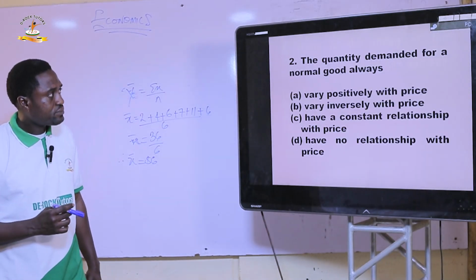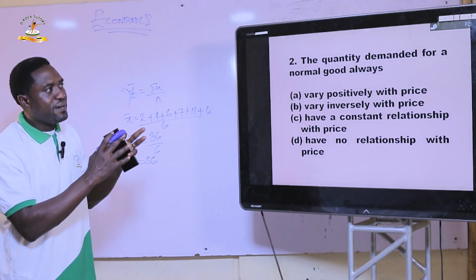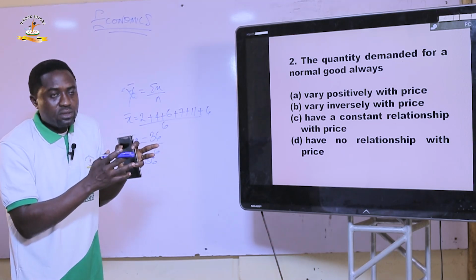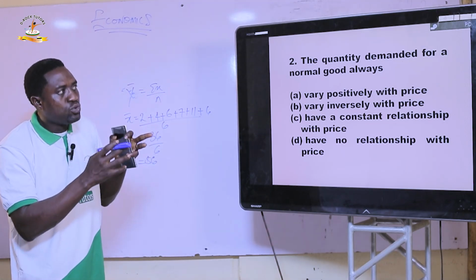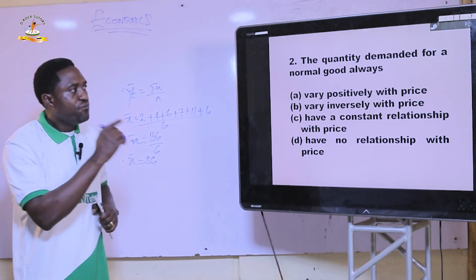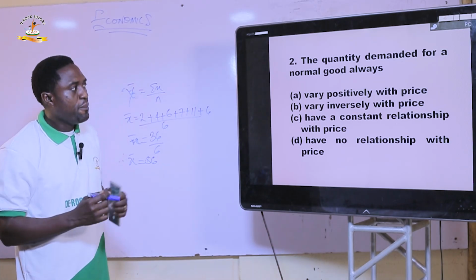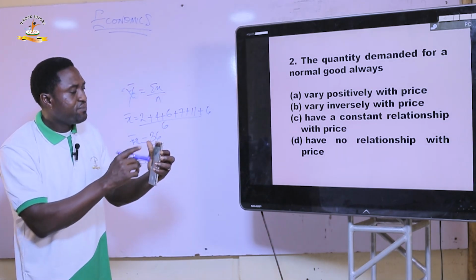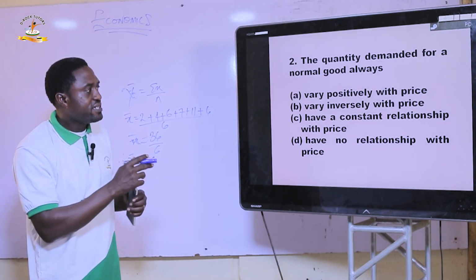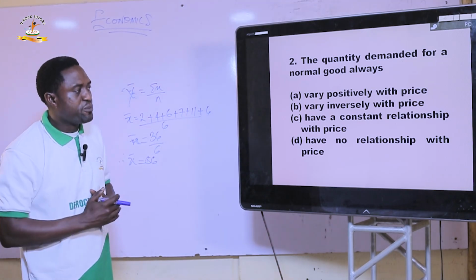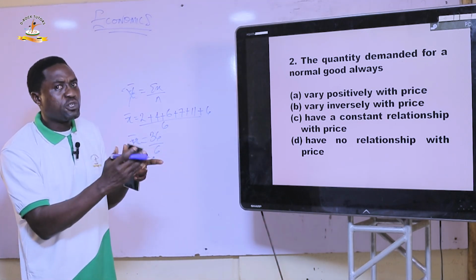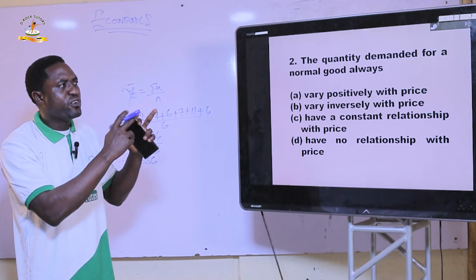The next question. The quantity demanded for a normal good always: A, vary positively with price, B, vary inversely with price, C, have a constant relationship with price, D, have no relationship with price. The quantity demanded for a normal good.